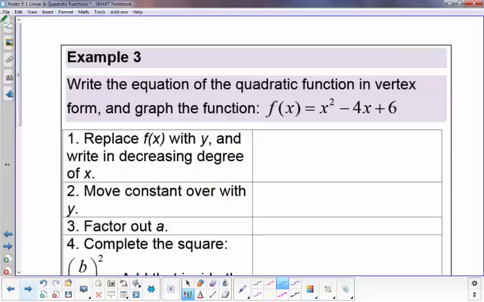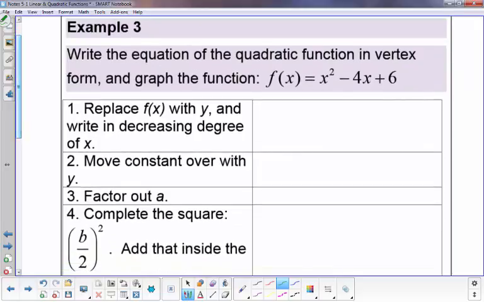All right, so dealing with examples of this: write the equation of the quadratic function in vertex form and graph the function. First off, we want to replace f of x with y and write in decreasing degree. In this case, it's already written in decreasing order: y equals x squared minus 4x plus 6.